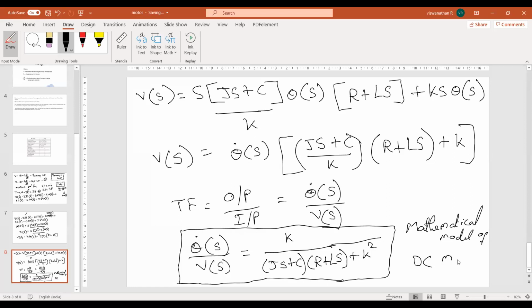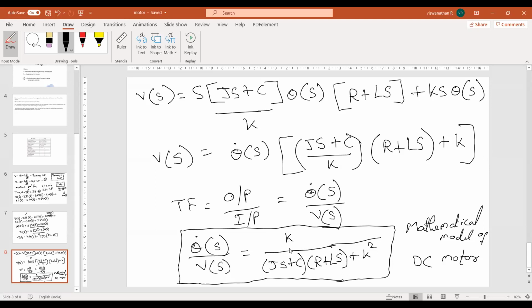Now with this, you need to select a DC motor, and the company person, whoever is selling that motor, will give you the K value, the J, C, R, L, everything provided in the data sheet of the DC motor.